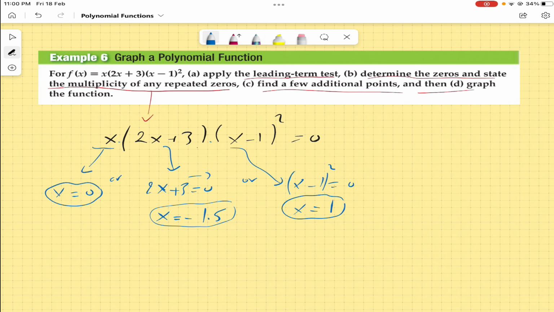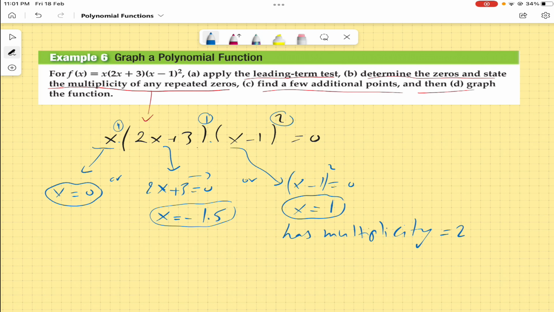For the last factor, the multiplicity is 2 because the power on the bracket is 2. So x equal 1, the last one, has multiplicity 2 because of the power on the bracket.